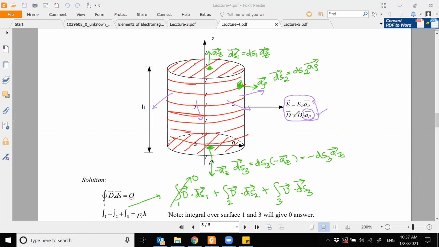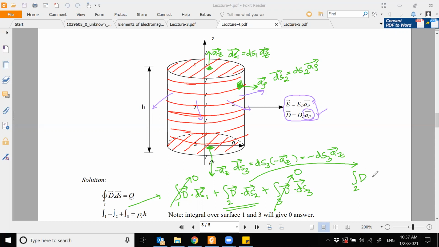Then D bar dot product with DS3 bar. It will be a rho dot product with again az, and again this goes to 0. So therefore, only this one will be left, which we want to evaluate. So you will get only the integral over 2.